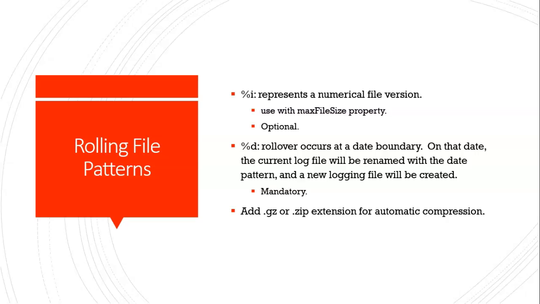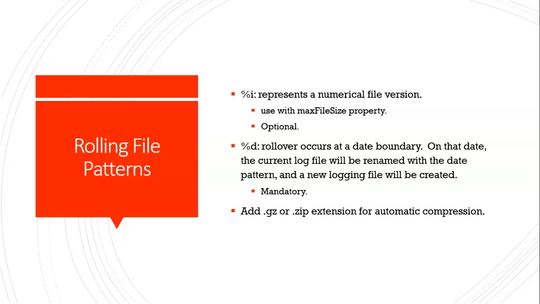In other words, we could have a %d and then a year and a month. That means that all of the logs for October will go into one log file, but then the first log in November will go into a new log file dedicated to November. You could do this based on year, month, week, day, even hour, minute, second, as you prefer. Day is usually pretty much a default boundary that we'll use for time.